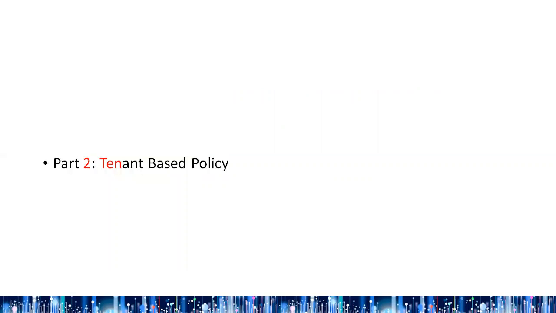Finally, we will create the tenant-based policy. If you are already aware why we need a tenant-based policy, we have already created access control policies earlier at both the switch level and the VMware level, but those policies need to be applied to the real switches, and that happens at the tenant-based level.